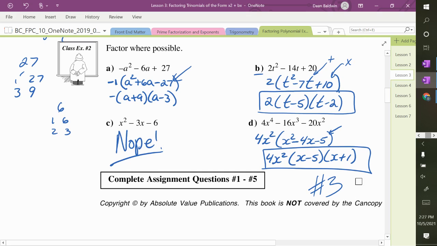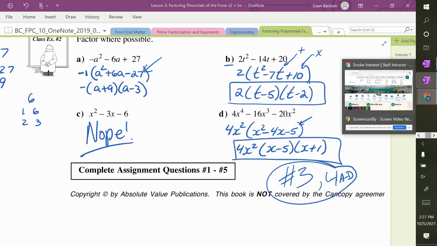I think we should do 3 and 4. Four A to D. There you go. Number 3 and 4A to D, please.